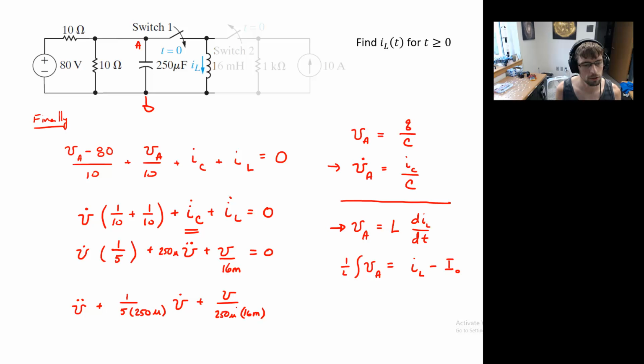So maybe I should have left it in terms of variables up until that point. Oh well, life goes on. We now have our differential equation, and by comparing these two coefficients, we can figure out what the final solution looks like.